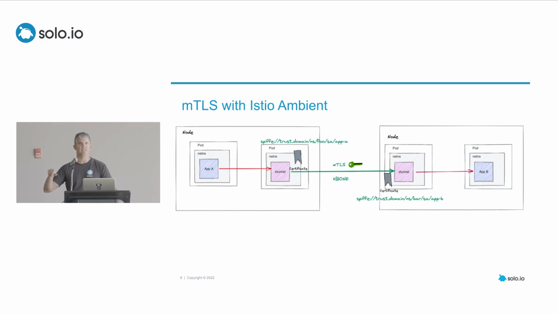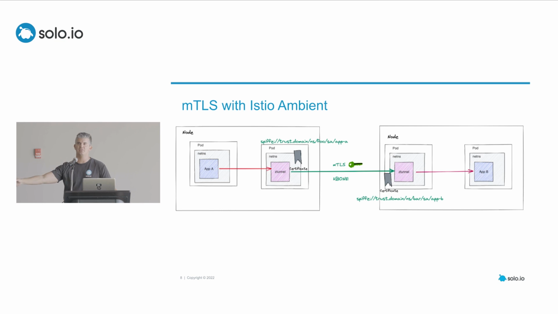Istio's control plane updates the Z-tunnel about where the various workloads are, just like it does today in the sidecar model, updating endpoints and destinations about where services might run. So the Z-tunnel talks with the Istio control plane to get information about where these services live.